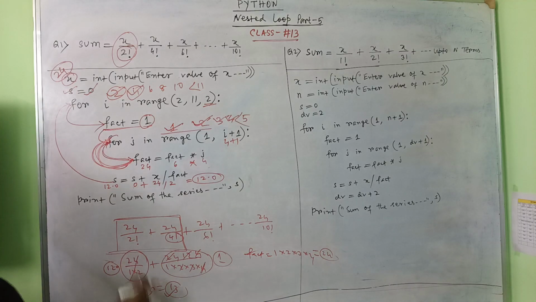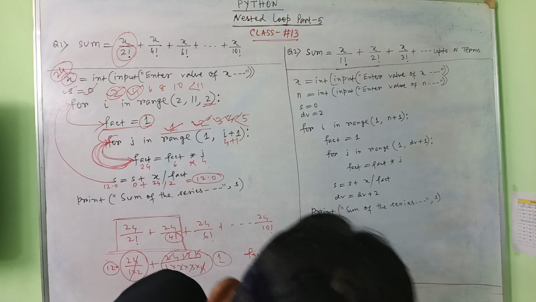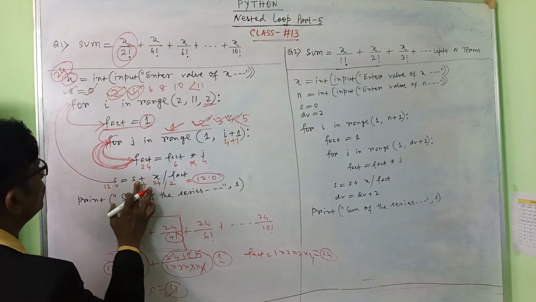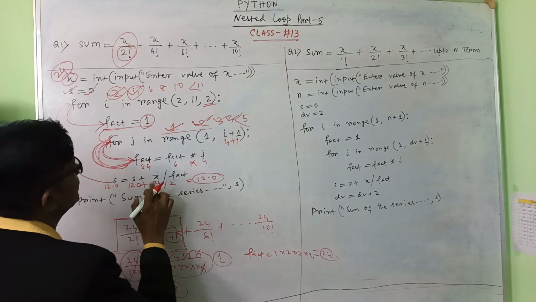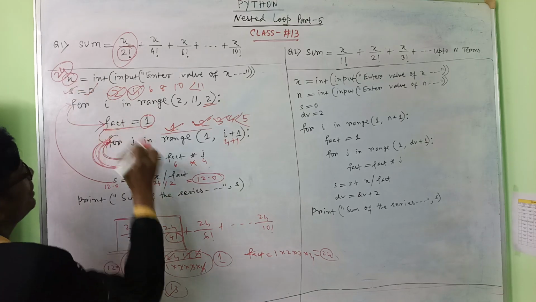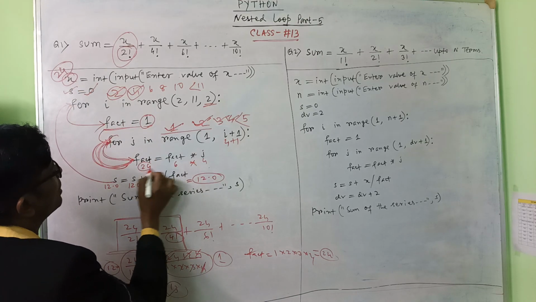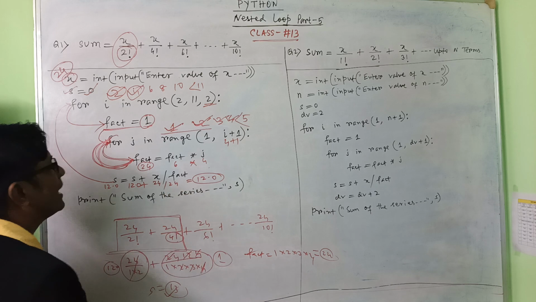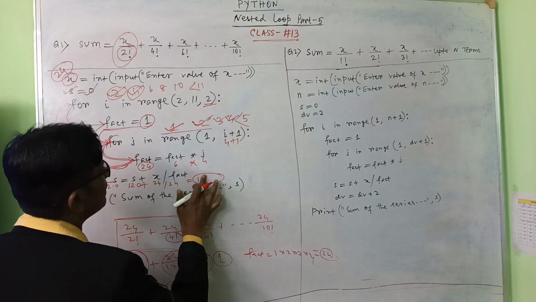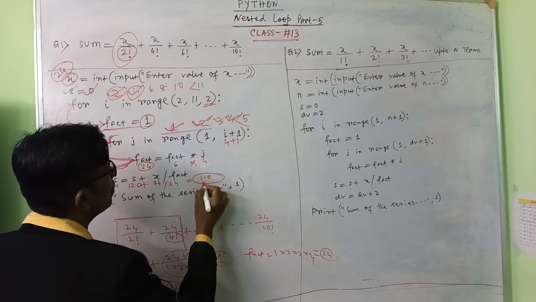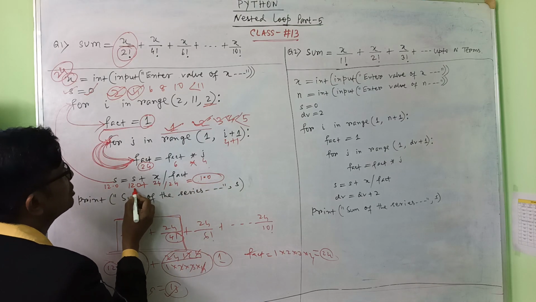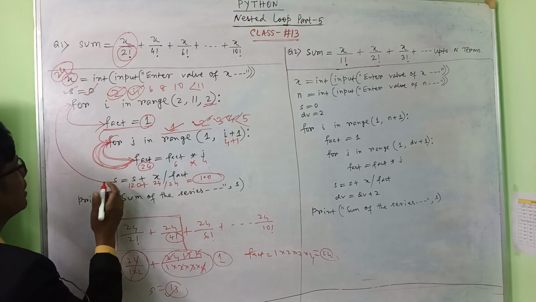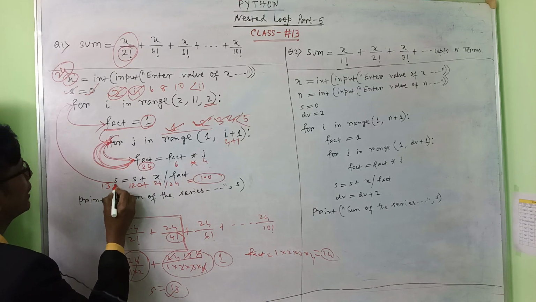Now the sum's previous value, it was 12.0, and that x value is constant, that is 24, and this fact value is 24. So 24 by 24, the result is 1.0. So 12.0 plus 1.0, the sum is becoming 13.0.